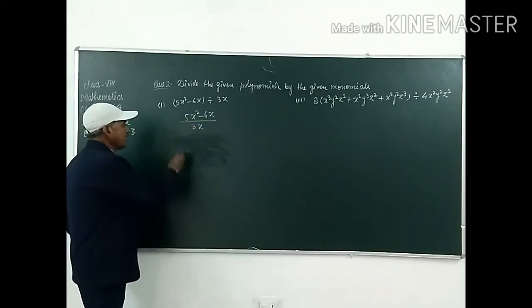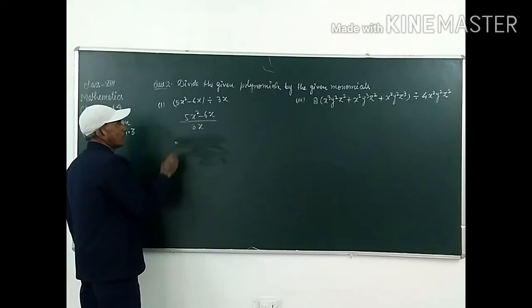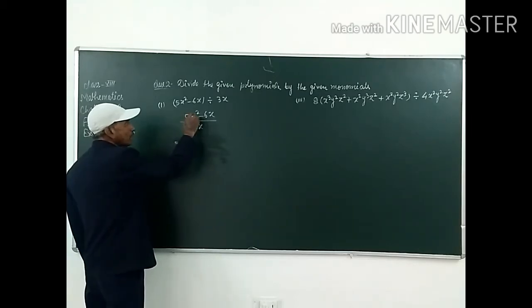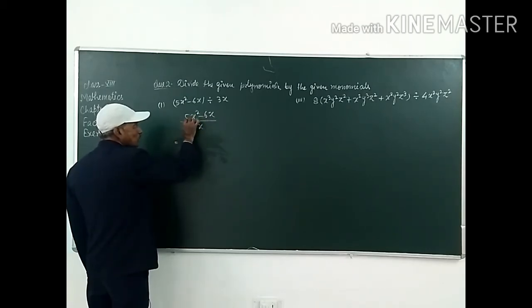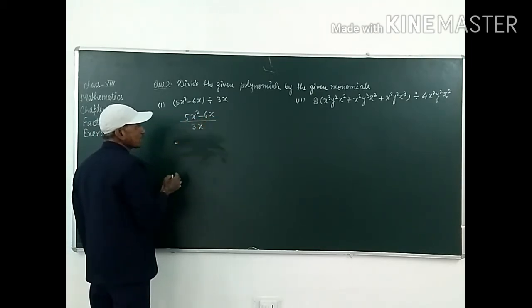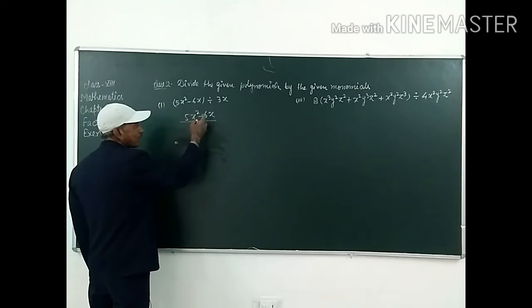So, student, in the next step, we have to take common in the numerator part. So, what is common in these two terms, student? We have to decide it. So, in 5x square minus 6x, x is common, student.